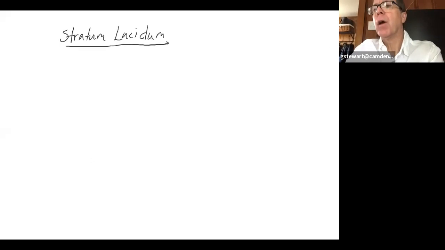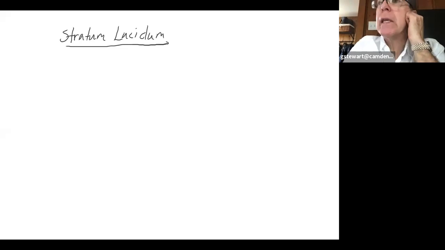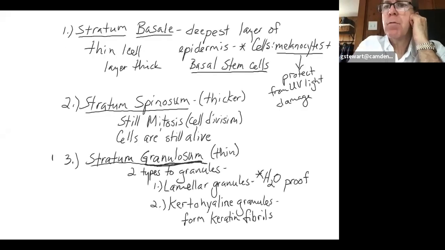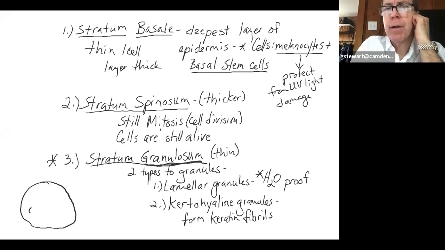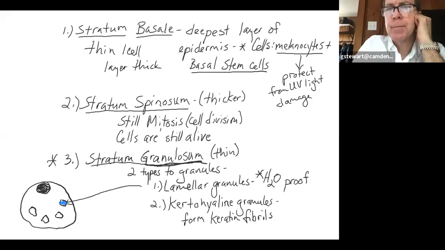Okay, so in the stratum granulosum, what granules mean is on the previous board. Let's just go back there really quickly. This layer has granules in the cell. So if this is a cell that's in this layer, there are these hard granules in the cytoplasm. Let's just say here's the nucleus of the cell. These granules, certain types of them, let's color these blue, they waterproof our skin.